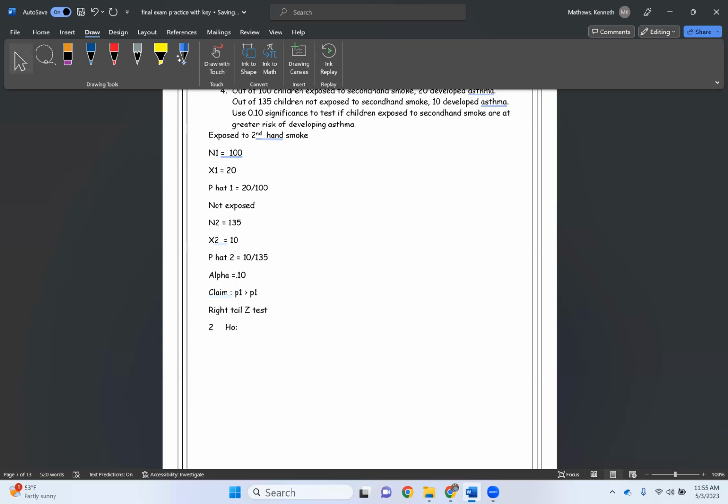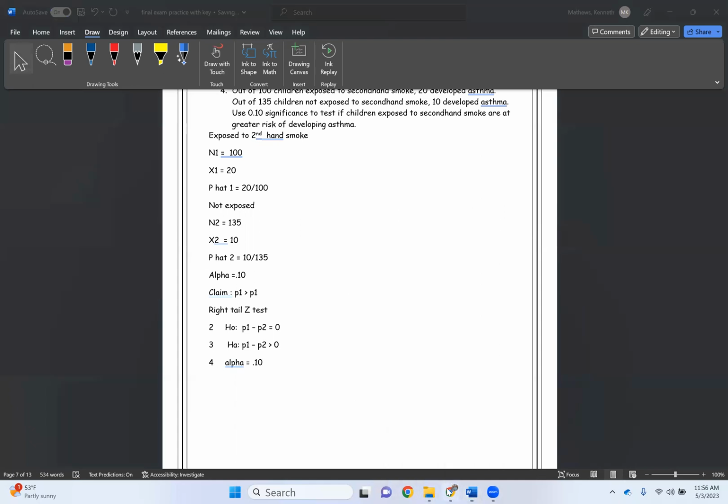The null hypothesis is that P1 minus P2 is equal to 0. The alternative is that P1 minus P2 is greater than 0, because P1 is those exposed, P2 is those not exposed. We want to say those exposed are greater than those not exposed. Step 4, alpha equals 0.10.